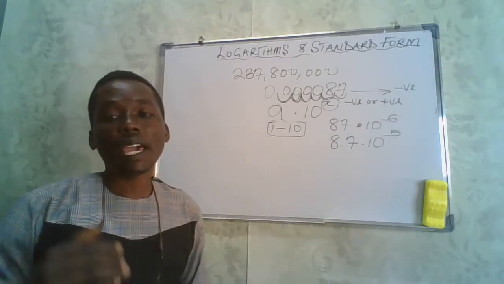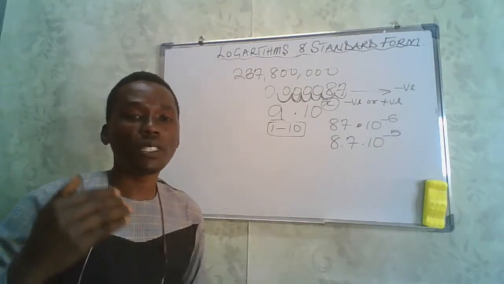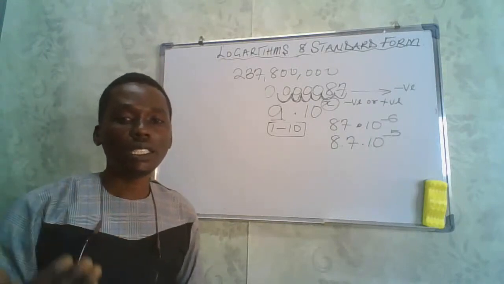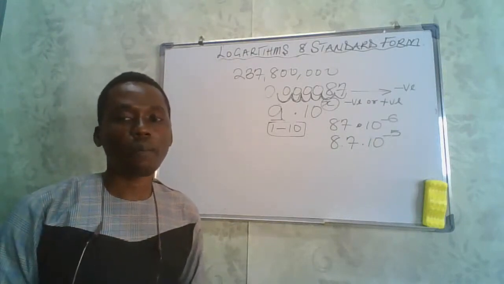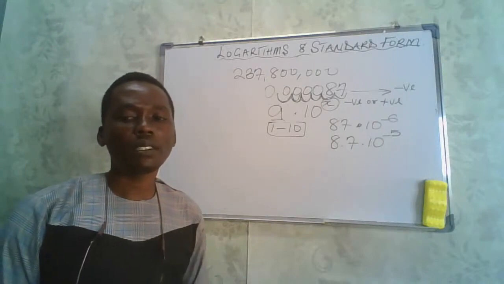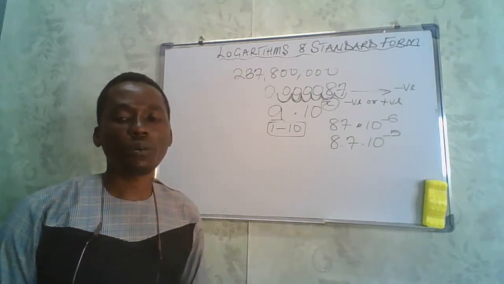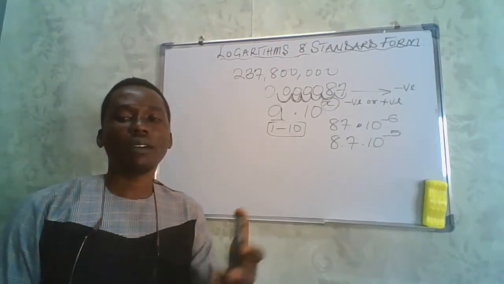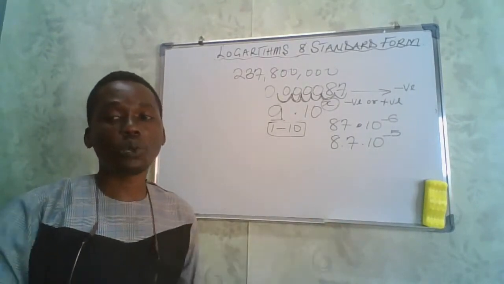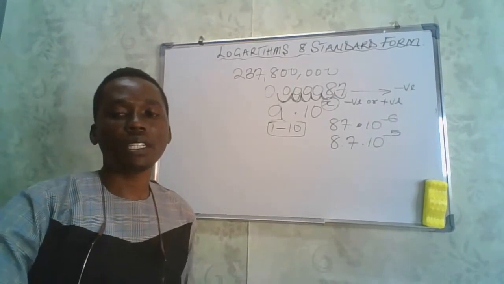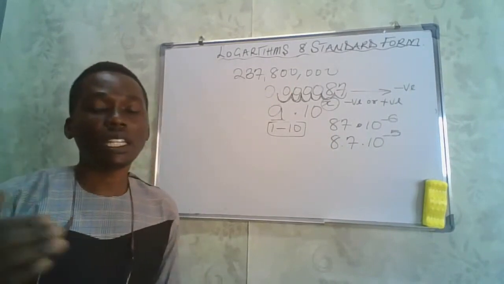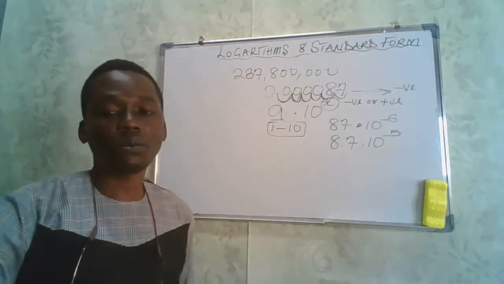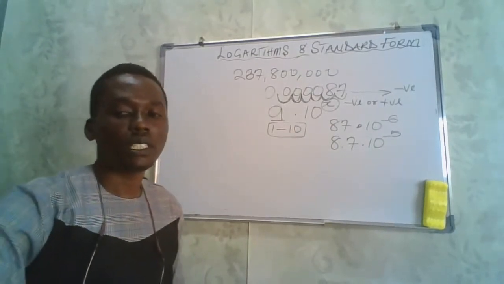So whenever I count a smaller number from the decimal point down to my right, then the integer should be negative. Now for larger numbers, if I count from my right back to the left where we have the decimal point, then we should be looking at having a positive integer.